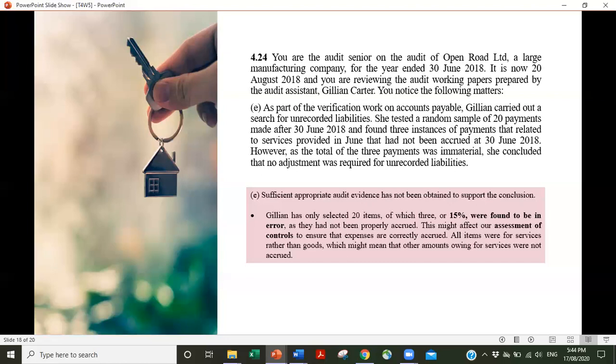All right, so you've got some issues associated with incorrect allocation of your service provision. Okay, I think that's all in relation to that one.